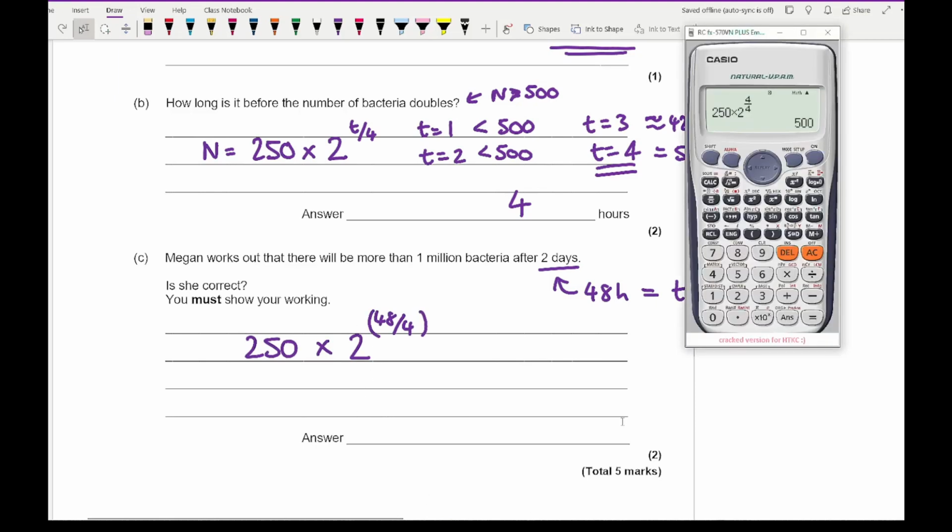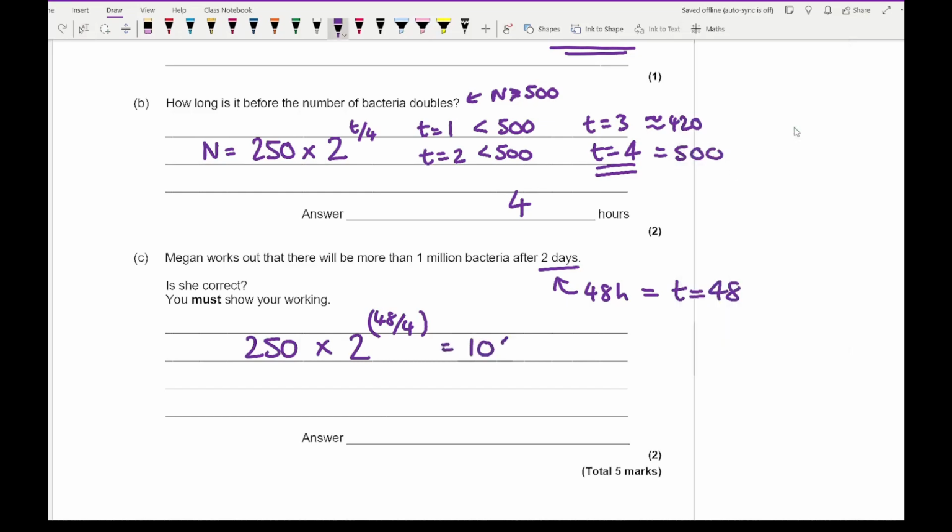Let's get the calculator back up: 250 multiplied by 2 to the power of 48 over 4. Press equals, and have we got over 1 million? We have, yeah. So that equals 1,024,000. And so is she correct? The answer is yes.